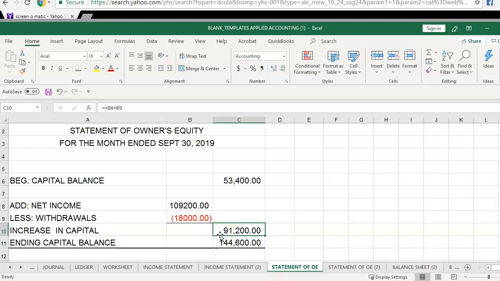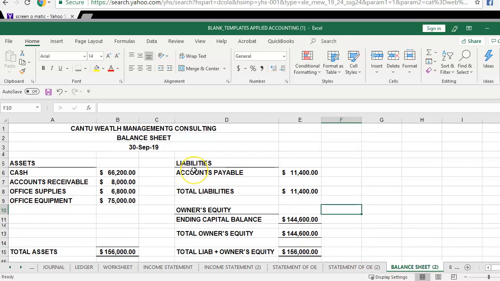At the beginning of the month, the company was worth $53,400, but now we have a net worth of $144,600. And from the balance sheet perspective, our assets total $156,000. From that, we owe our creditors $11,400, but most of our assets came from the equity, meaning it came from owners.